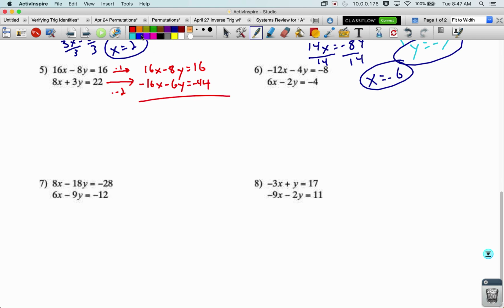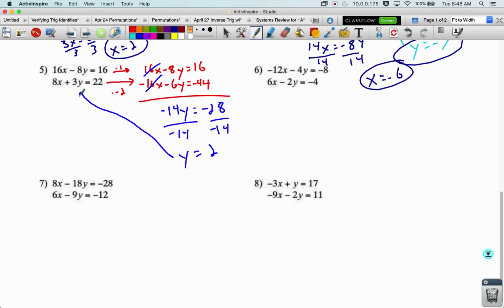Add these together. These cancel. And negative 14y equals 16 minus 44 is negative 28. Divide by negative 14, divide by negative 14. Get y equals 2.